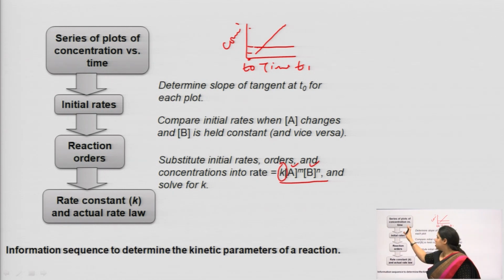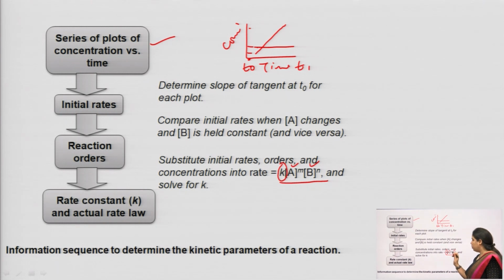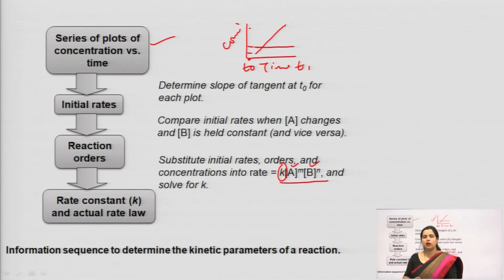These are the information sequences to determine the kinetic parameters of a reaction. First, we run a series of experiments, then identify initial rates, then the reaction orders must be put in this equation in place of m and n, and then we get the rate constant and actual rate law, right.